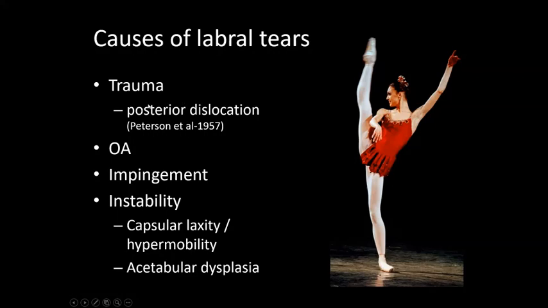So that's when the first case of labral tear was diagnosed using open surgery of the hip joints. But also there are other causes other than trauma, for example, degenerative disease and labral degenerative tearing, the impingement and the mechanical disorders of the hip joints that we will look at in a minute.